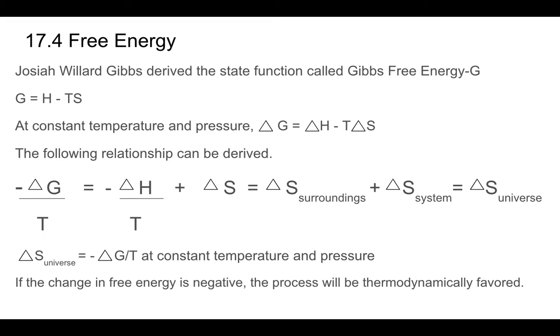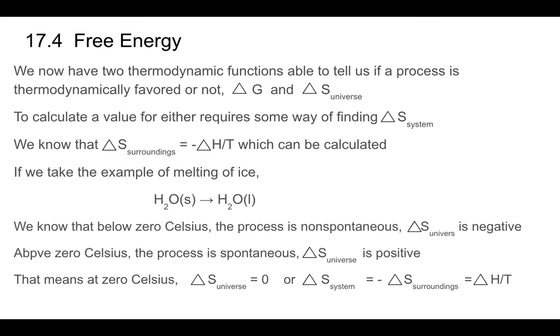But now we have a property of the system. We don't have to use the surroundings as part of our math in order to determine if a process will be thermodynamically favored. So we've got our delta G and the delta S of the universe, and they can both be used to determine thermodynamic favorability. We either want a negative delta G or a positive delta S of the universe.